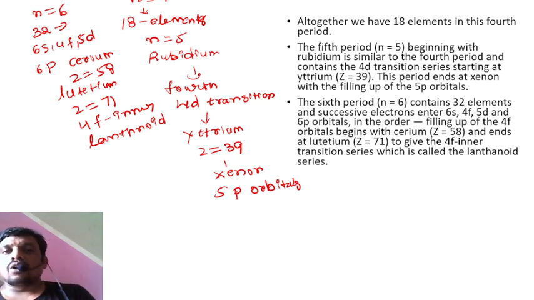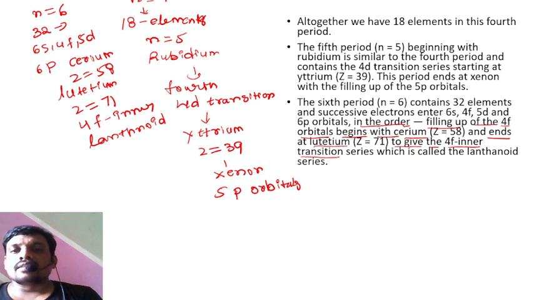Once again, filling up of the 4f orbital begins with cerium, Z equal to 58, and ends at lutetium, Z equal to 71, to give the 4f inner transition. This inner transition series is nothing but the lanthanoid series.